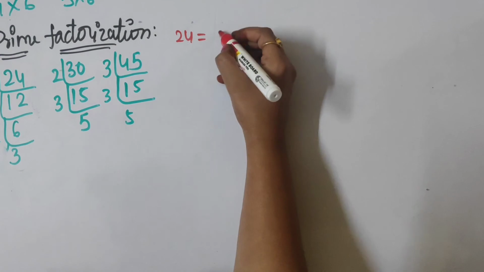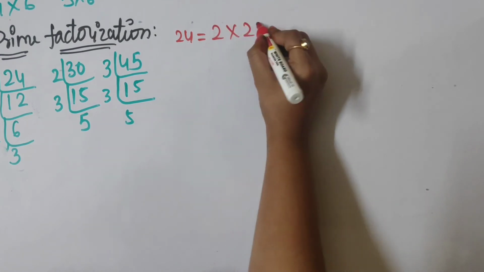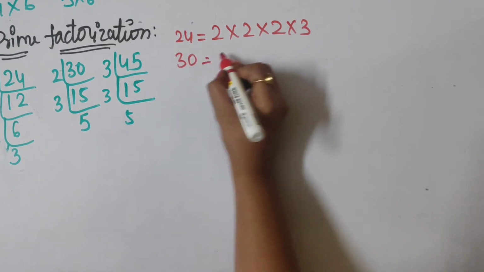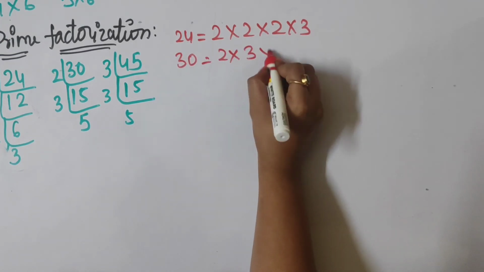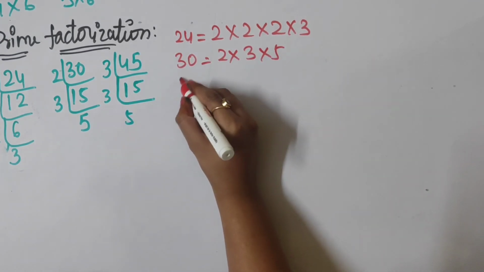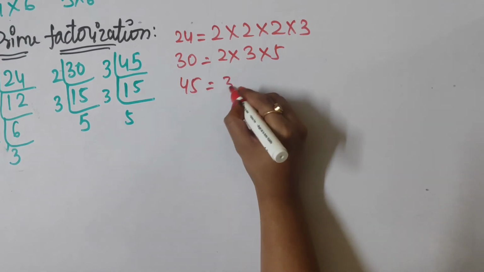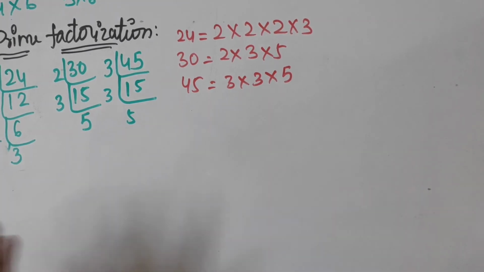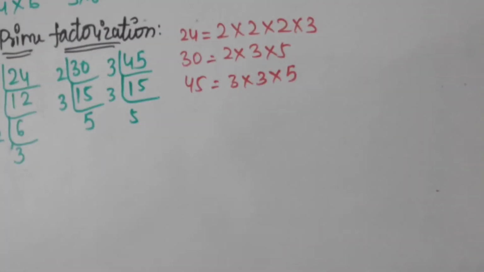24 is equals to 2 into 2 into 2 into 3. 30 is equals to 2 into 3 into 5, and 45 is equals to 3 into 3 into 5. Now let's see what is the common number between these three numbers.